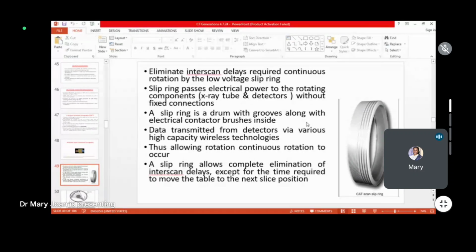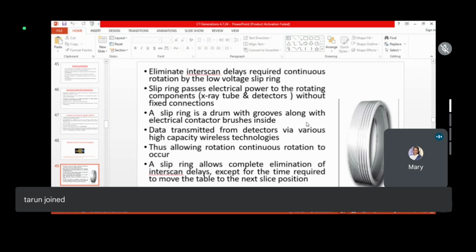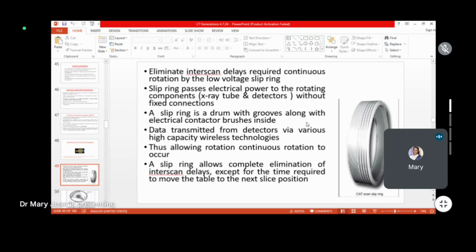Data is transmitted from the detectors via various high-capacity wireless technologies, thus allowing continuous rotation to occur, and a slip ring allows complete elimination of interscan delays, except for the time required to move the table to the next slice position.